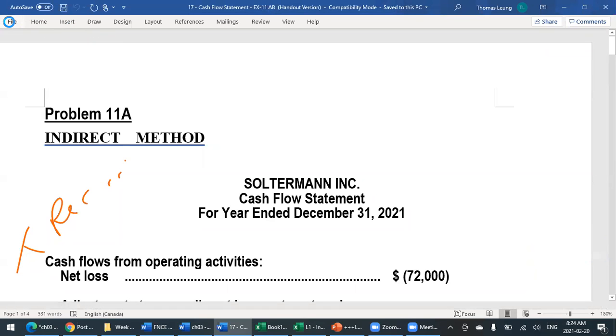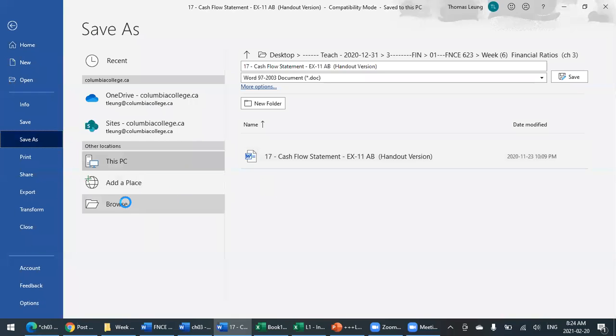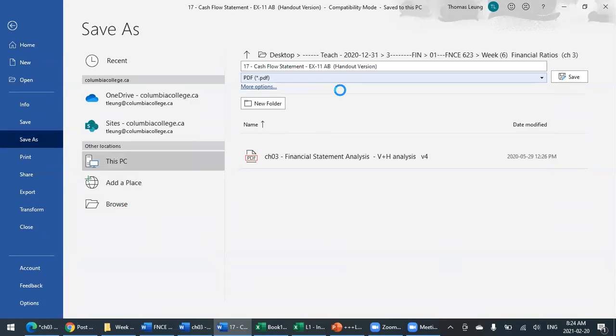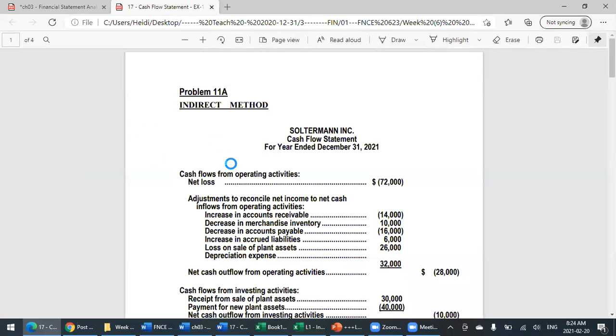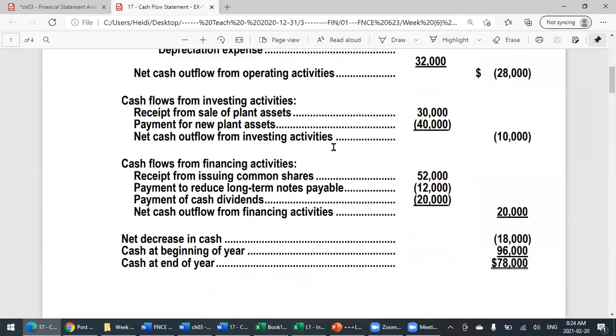Let me use PDF. If any of you are an expert in computers, let me know what's wrong. I don't know why. It's so interesting. Okay, now I have a PDF. I think it's better.